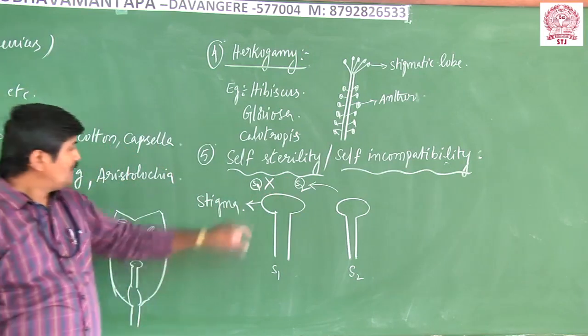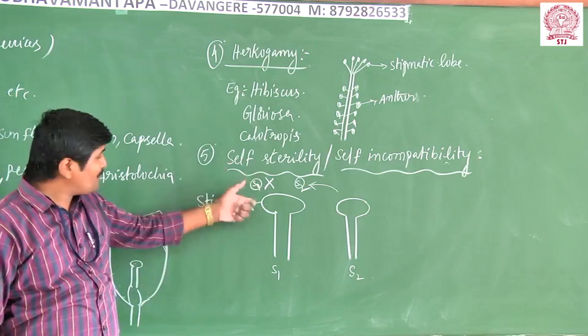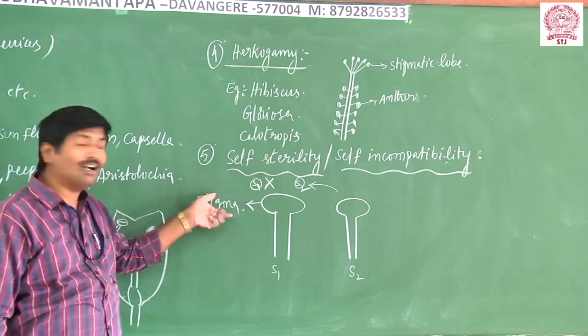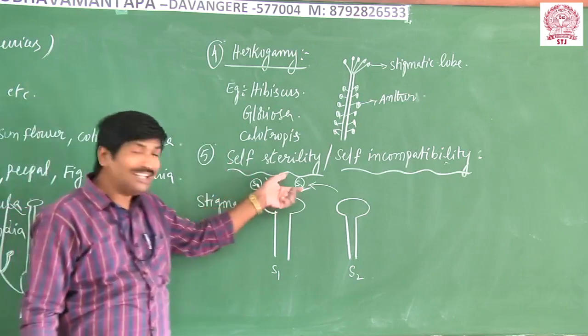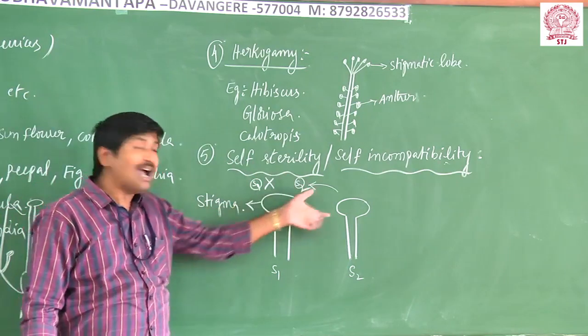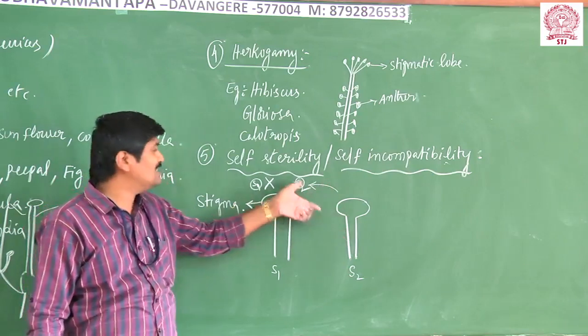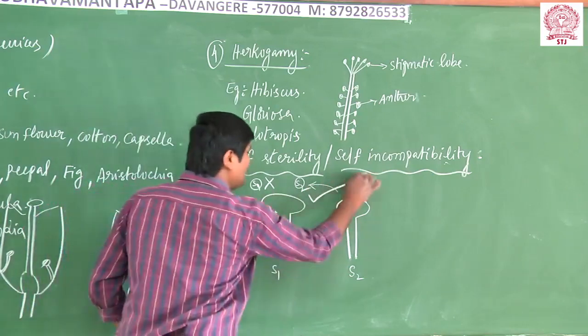When the pollen grain came from the same flower, that pollen grain cannot germinate on the stigmatic lobe. When the pollen grain came from another flower that belongs to the same species, that pollen grain germinates.